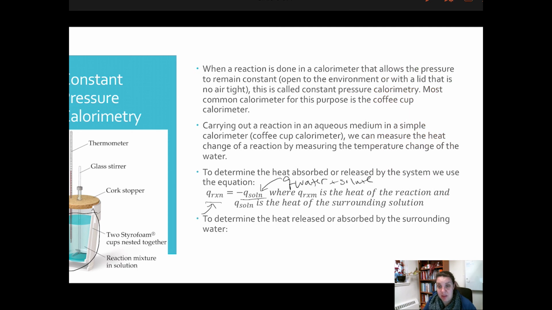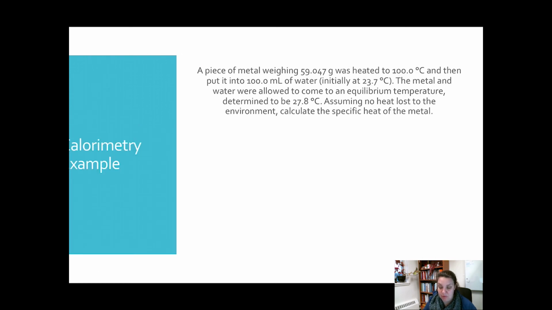If we want to determine the Q solution, the Q solution is equal to the mass of our water times the specific heat of water and our delta T of our water. So let's try an example. We've got a metal that's 100 degrees Celsius and we throw it into water.